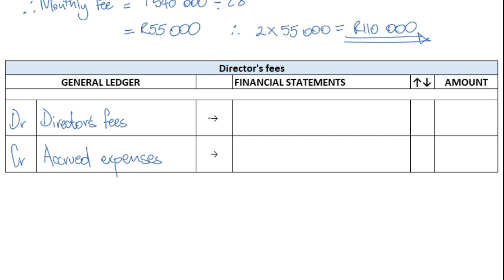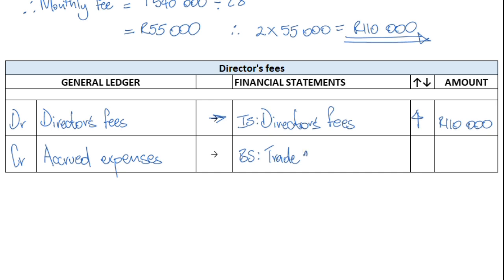In our financial statements, director's fees sits in the income statement. It's an operating expense. So in the director's fees line item, we are going to add 110,000 rands. Accrued expenses sits in the balance sheet under trade and other payables.